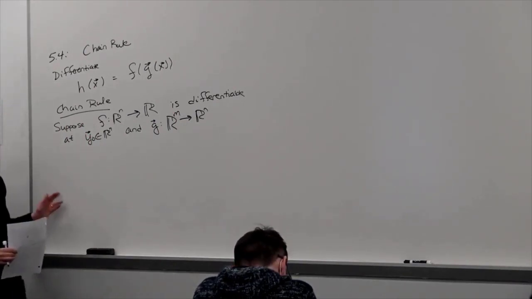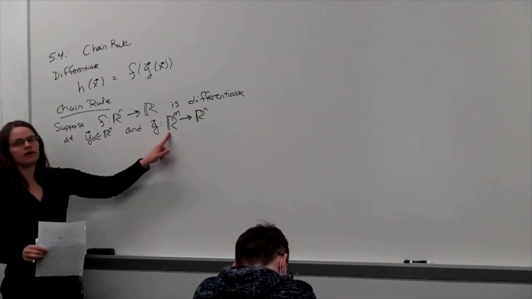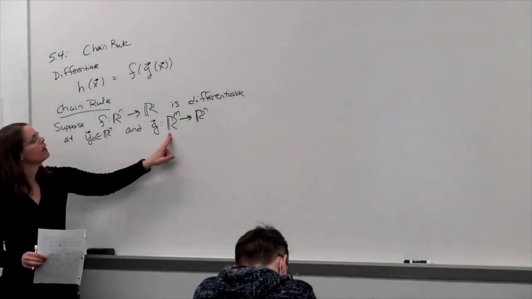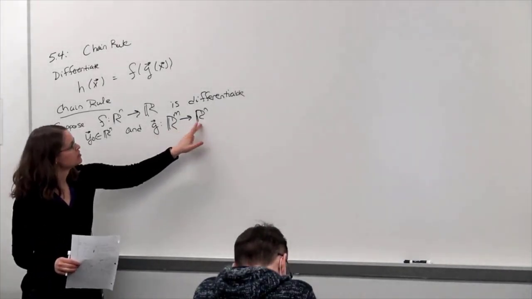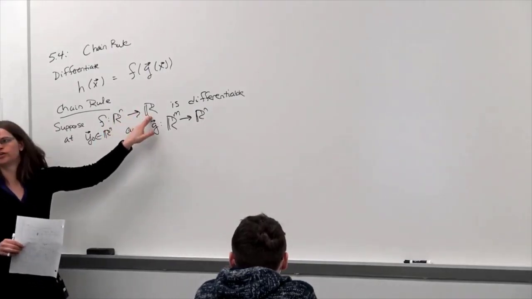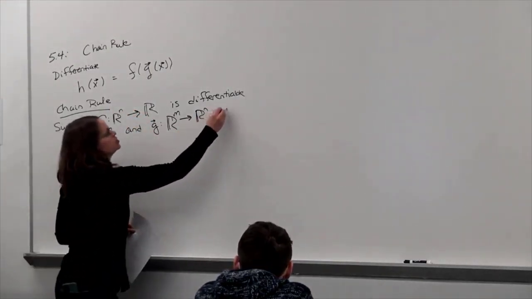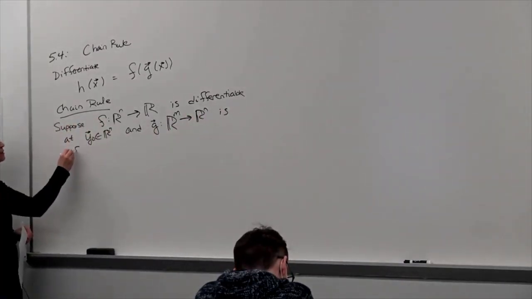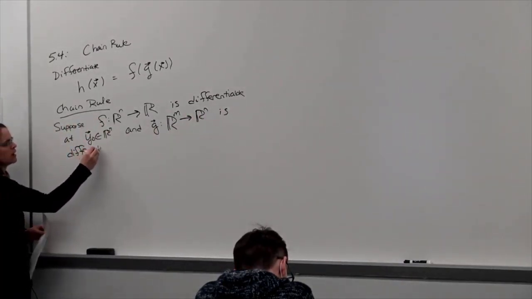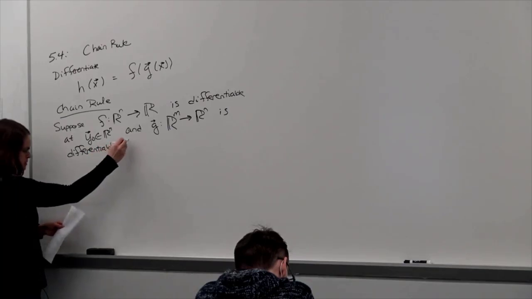Okay, so what does that give us? That means the x's we're plugging in are in this space, Rm, which gets converted to Rn, which gets converted to an output that's R. So this also has to be differentiable at point x naught.